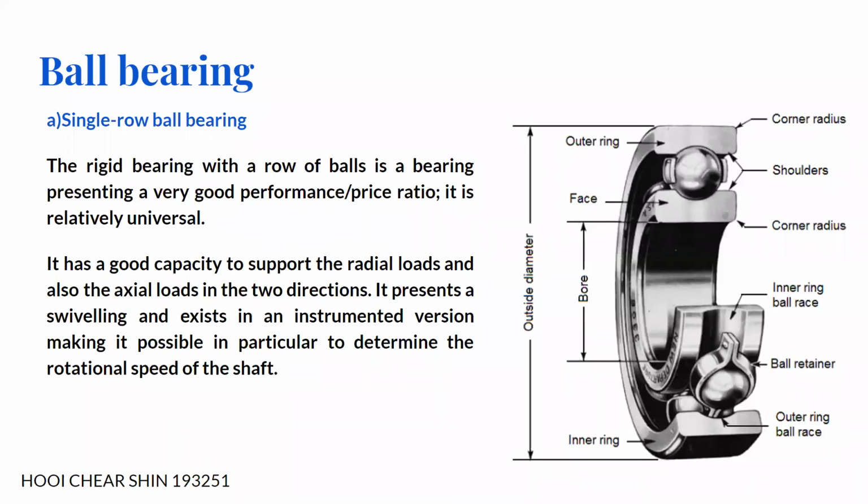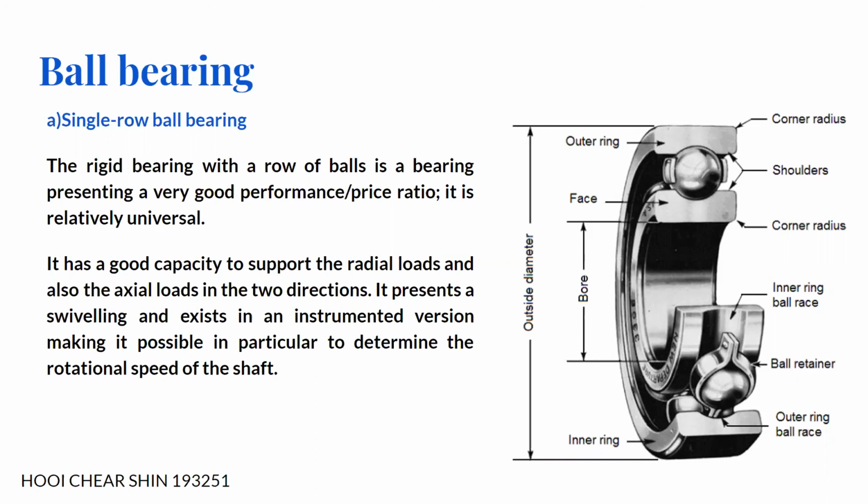There are a few types of bearings that are commonly used in food processing machines. Firstly is the single row ball bearing. The rigid bearing with a row of balls represents very good performance and also a very good price ratio.